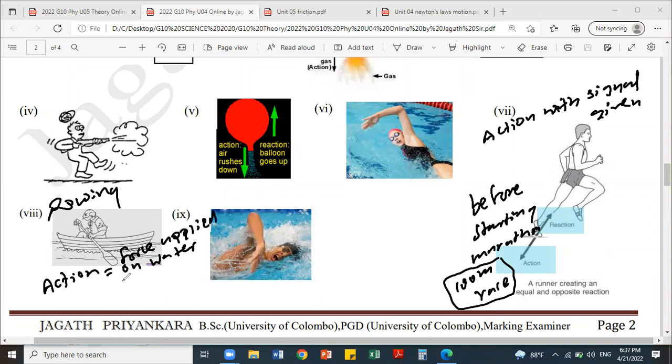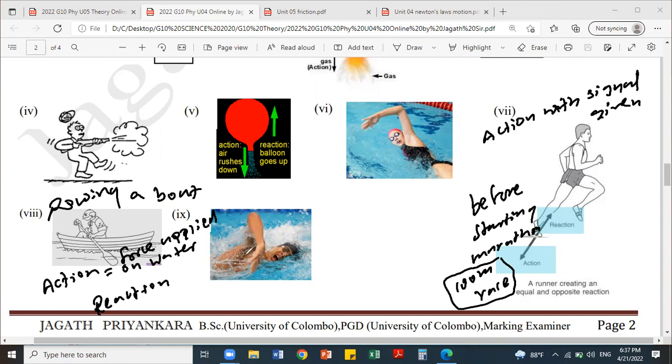Without the action, you don't get the reaction. So the boat is moving forward due to the reaction. You can write rowing a boat. Which principle of physics is applied when rowing a boat? That is Newton's third law.